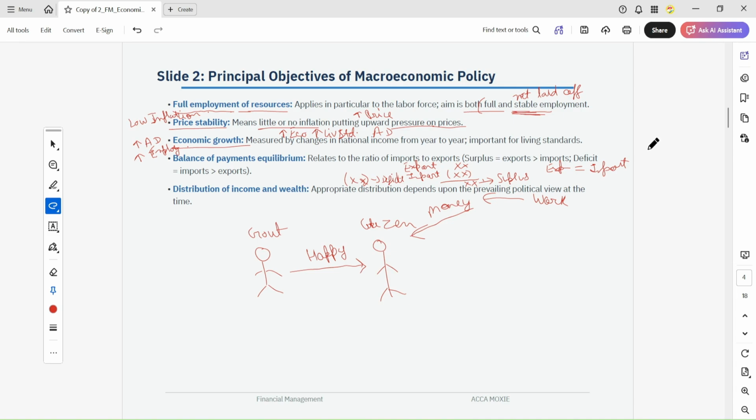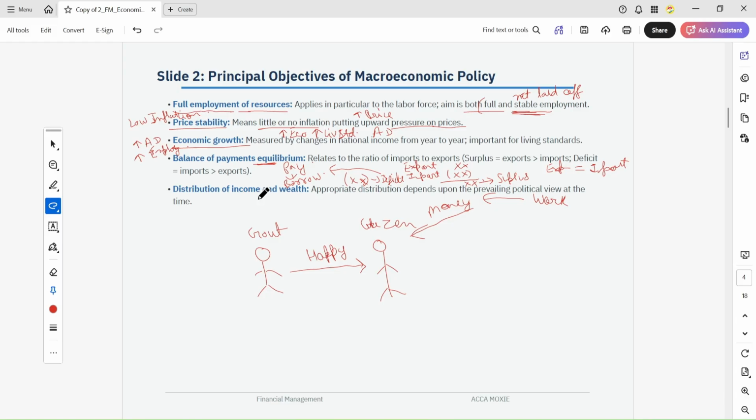If there is a deficit, then you are importing more, so you have to pay money, and how can you pay? You have to borrow. So the government has to borrow money to pay for the import. That is a very dangerous, very bad situation. So a government should have a surplus or at least equilibrium. So balance of payment equilibrium is the objective of the government.